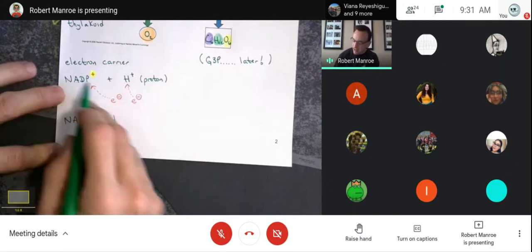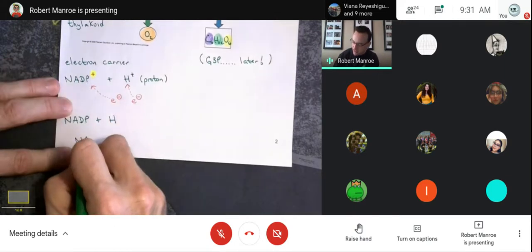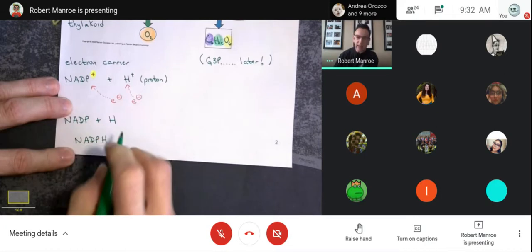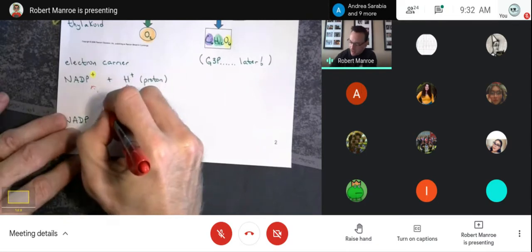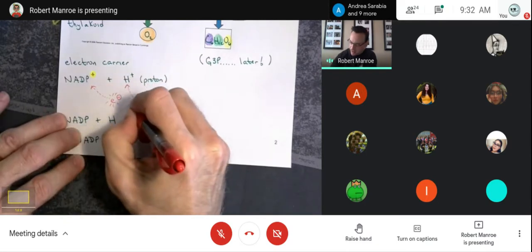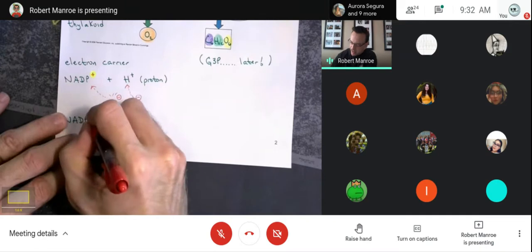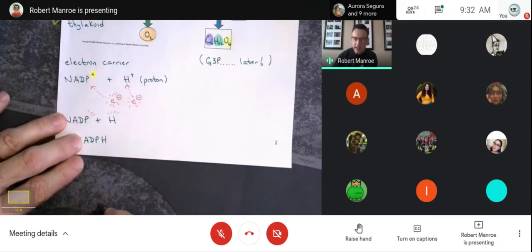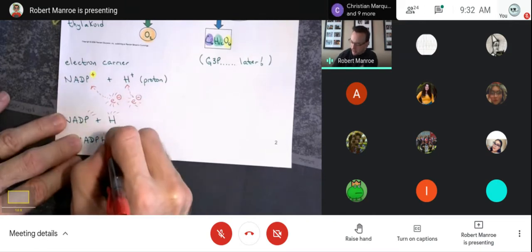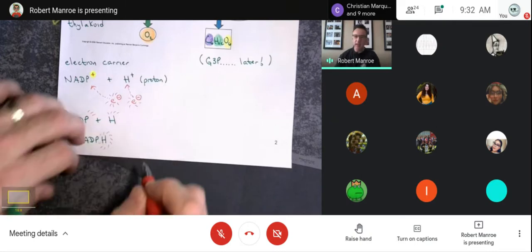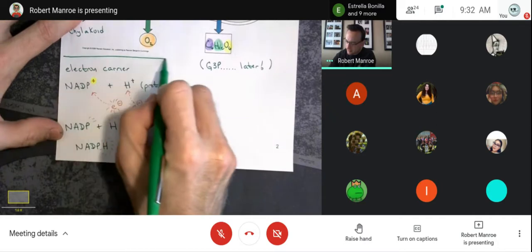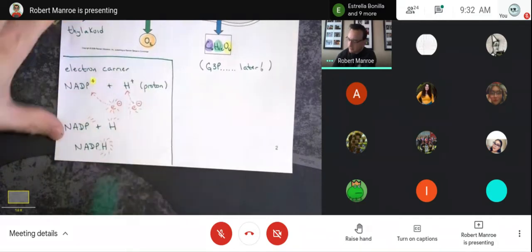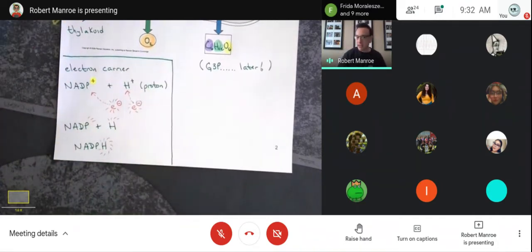And so when NADP picks up electrons, it forms NADPH. So these are going to be our high energy electrons, which means this has a high energy electron, and this has a high energy electron, which is why this is carrying high energy electrons. Does that make sense?